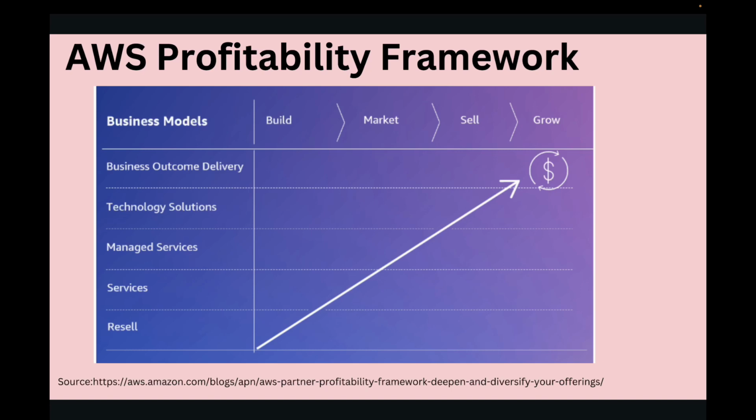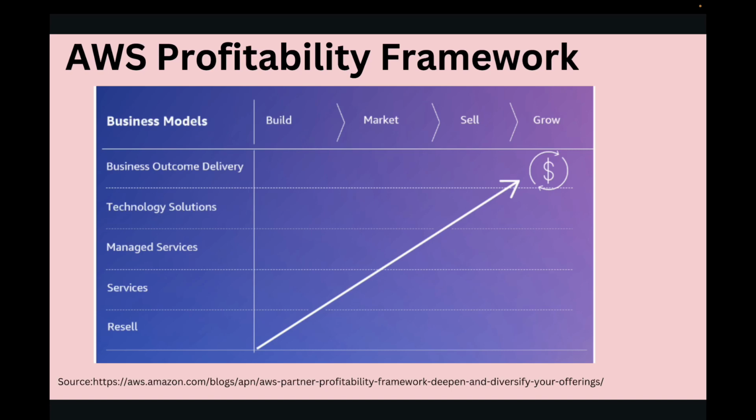Technology solutions means you have your own solutions, white labeled with your business name and logo, to solve a specific business challenge in your space, which is really useful. And finally, business outcome delivery, where you can transform a complete organization with the process, tools, technology solutions, training, and everything. So that's the partner profitability framework that AWS offers.